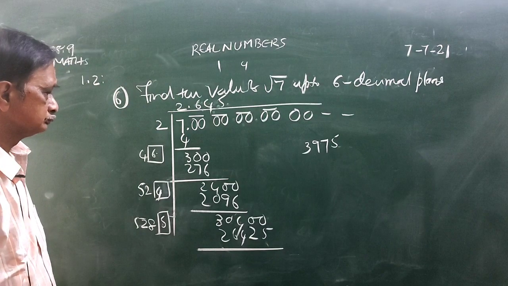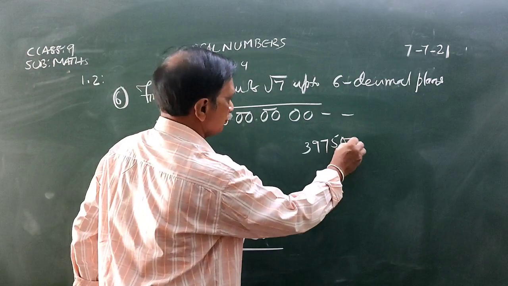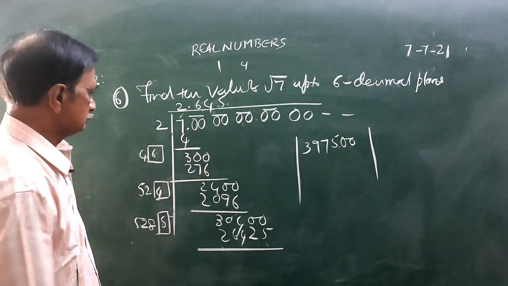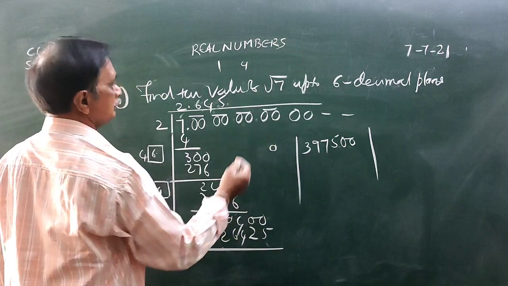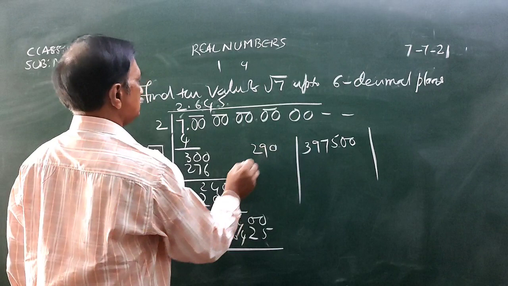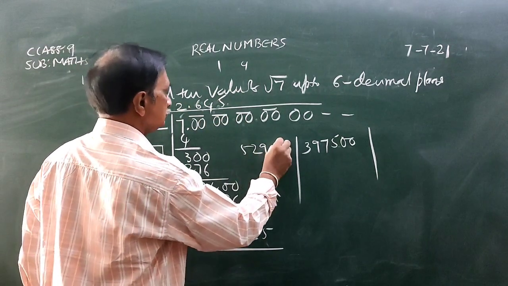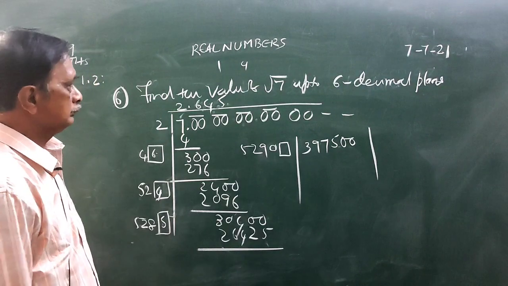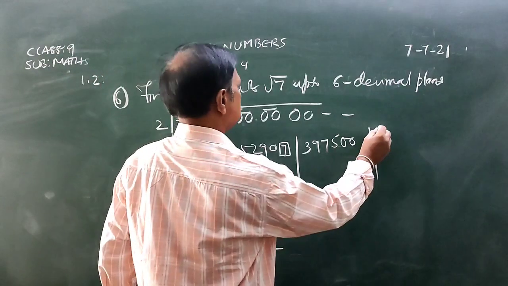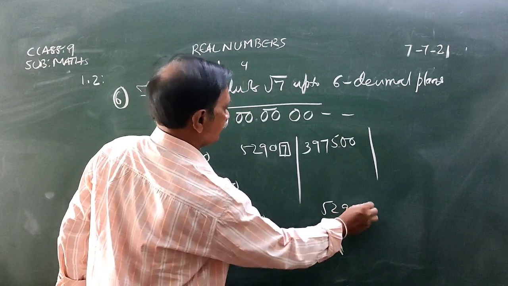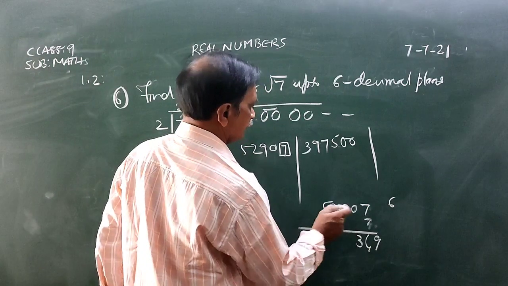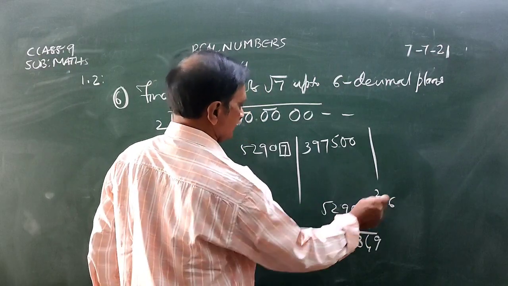Yes, next bring down the next group of zeros. Now again double this one. 2 fives 10, 2 fours 8 plus 1 9, 2 sixes 12, 2 twos 4 plus 1 5. Now you write 6 or try to write 7. 529 0 times 7. 7 sevens 49, 7 nines 63, 7 twos 14 plus 6 20, 7 fives 35 plus 2 37.